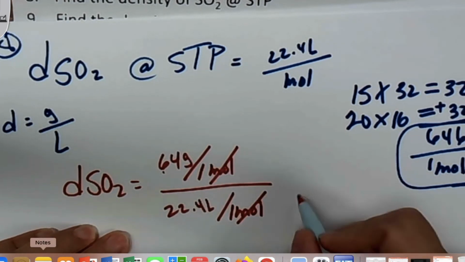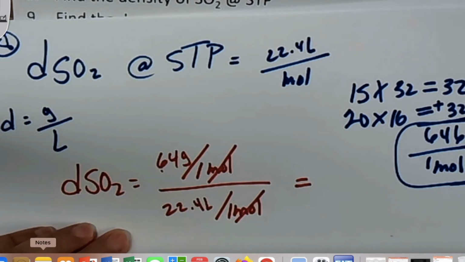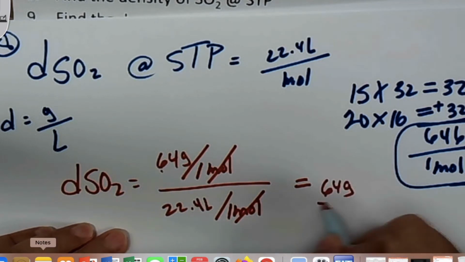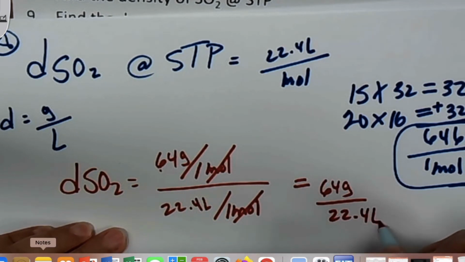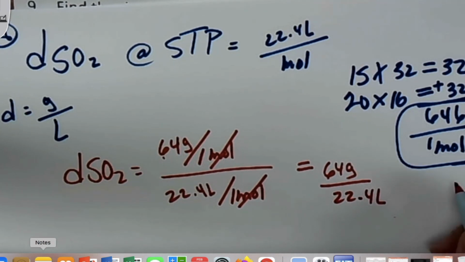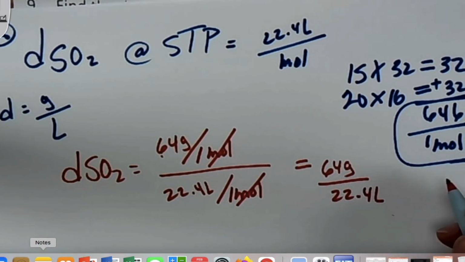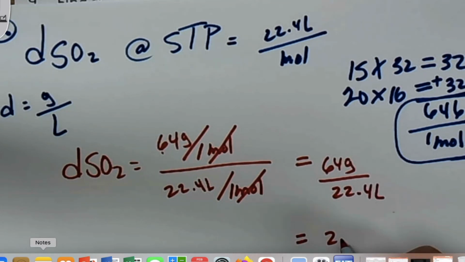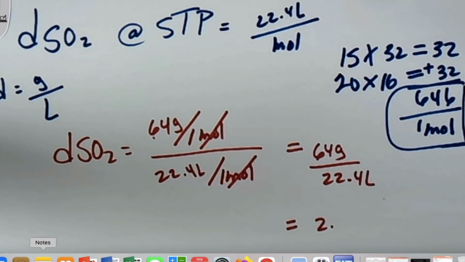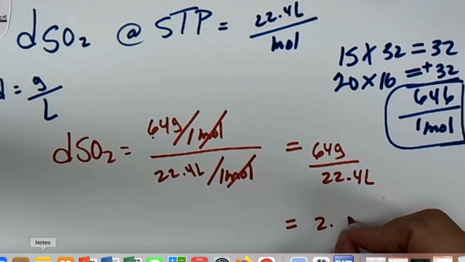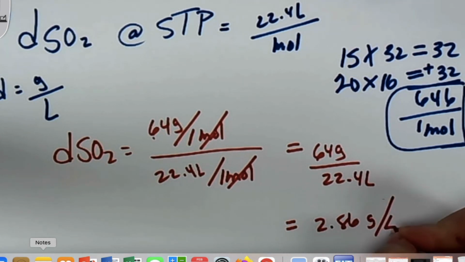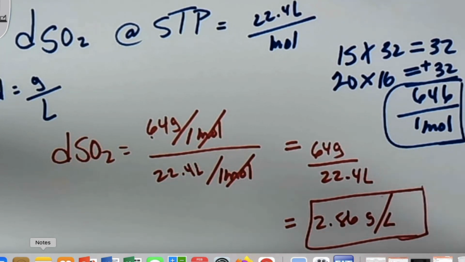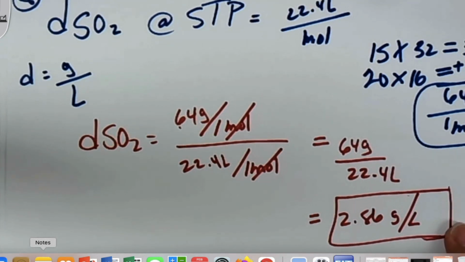Moles cancel out, and we end up with 64 grams per 22.4 liters. And when you divide 64 by 22.4, you get 2.86 grams per liter. Okay, hope that helps. Good luck.